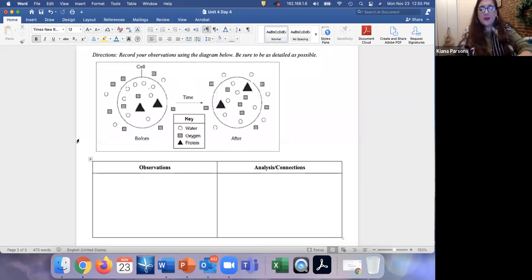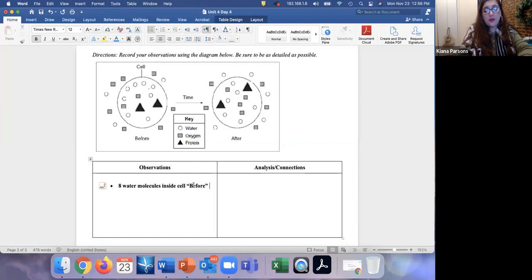Okay, hopefully you paused. All right, so we can observe that there are 1, 2, 3, 4, 5, 6, 7, 8 water molecules inside the cell. Four. And then there are 1, 2, 3, 4, 5, 6 water molecules inside the cell after.